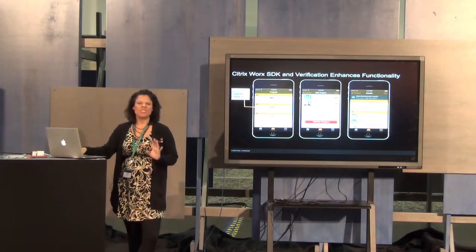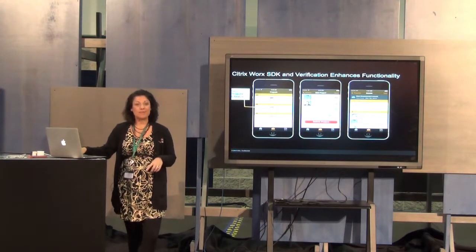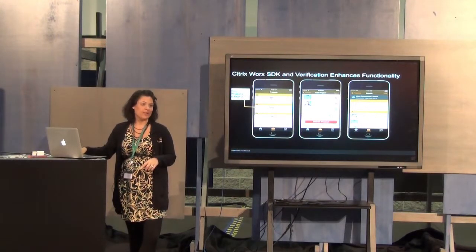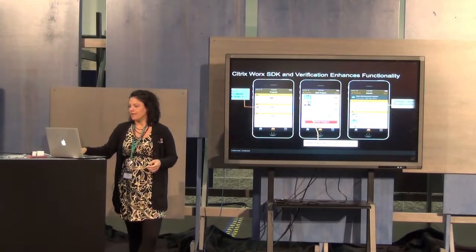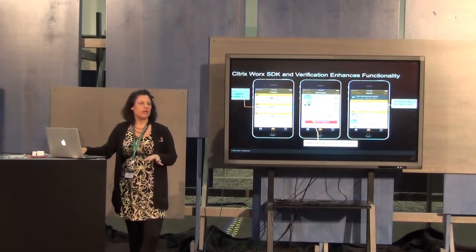And so as an example, just to give you a sneak preview, this app is available in the Citrix Works gallery. So for anybody who would like to download it, you can go today to Citrix Works and be able to see all these many great features.